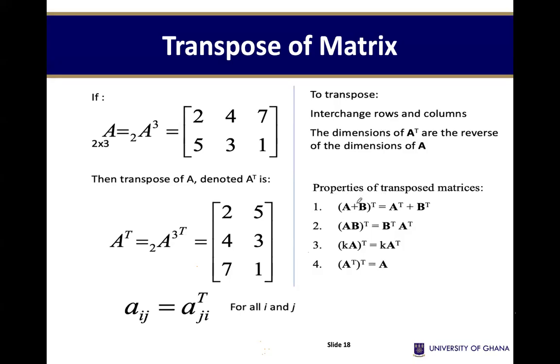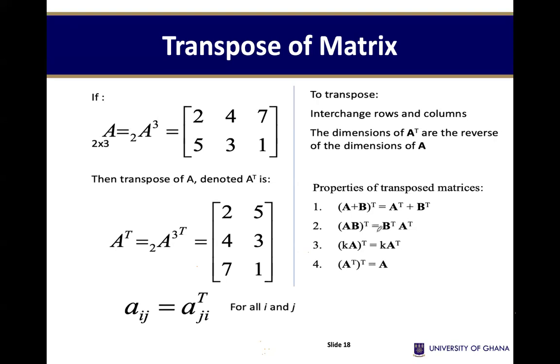So the properties are: A plus B all transpose is the same as A transpose plus B transpose. And then AB transpose is going to be the same as what? B transpose, A transpose. It's not the same as A transpose, B transpose.